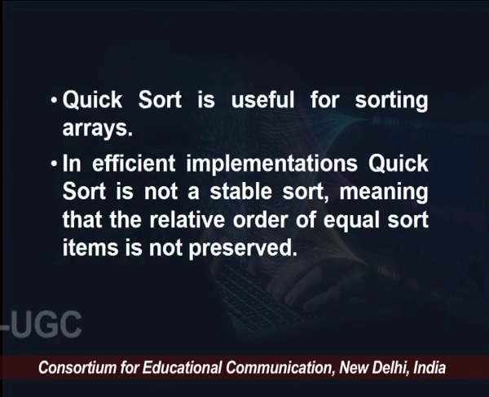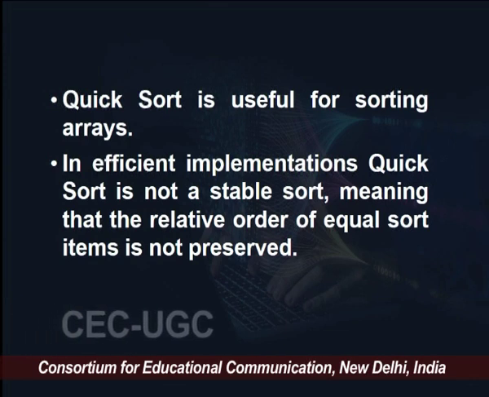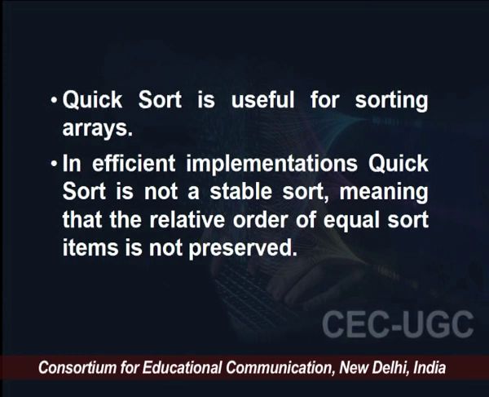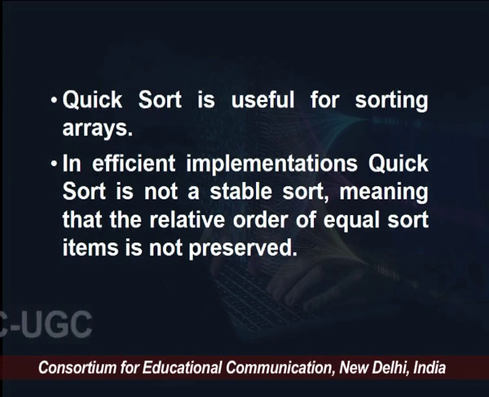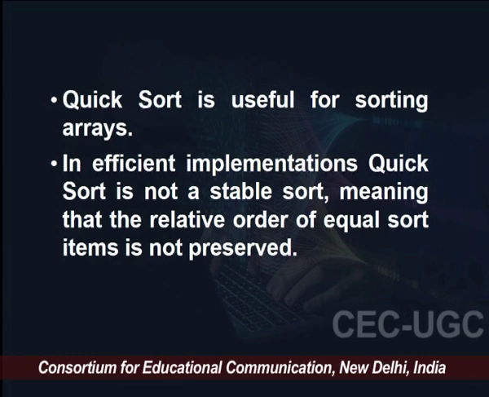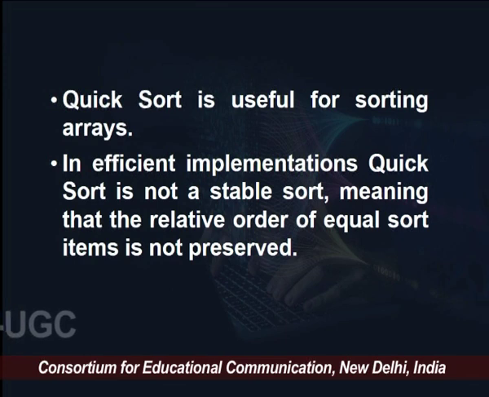Now, if we talk about quick sort particularly, it is very useful for sorting arrays, but in efficient implementations quick sort is not a stable sort. When we talk about a stable sort, that means the relative ordering of equal elements should be preserved in the output array.